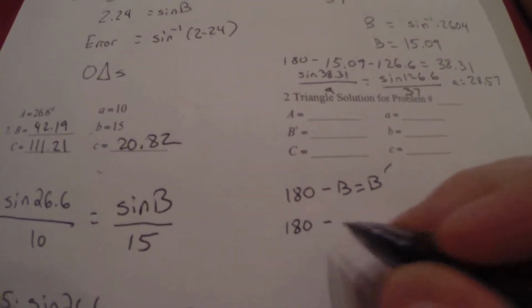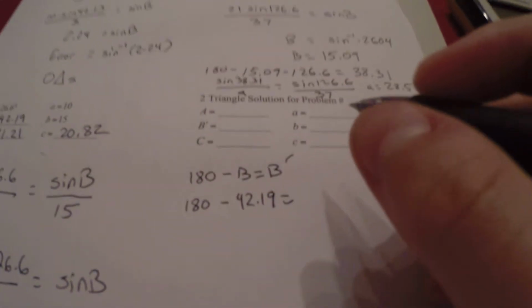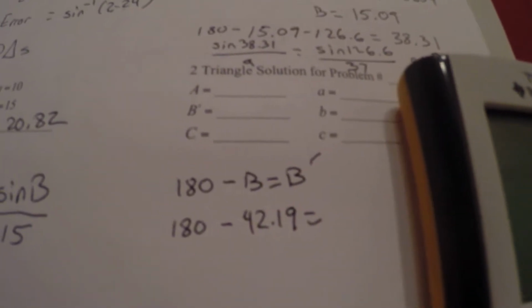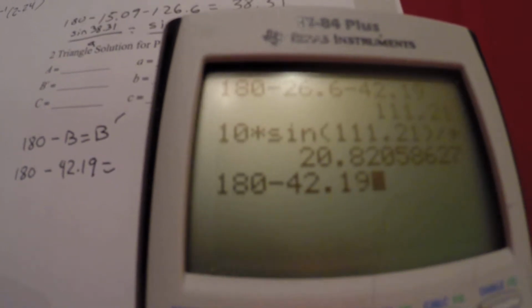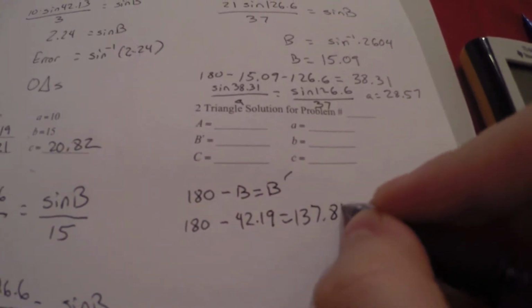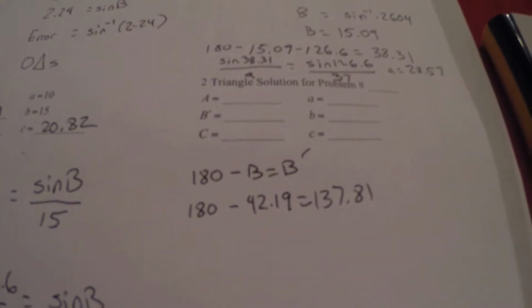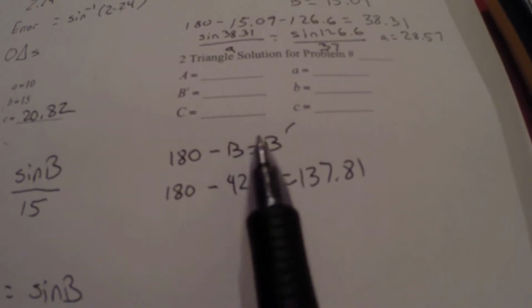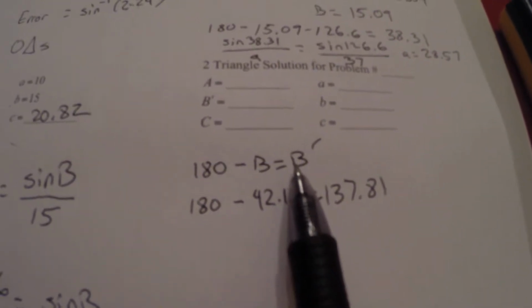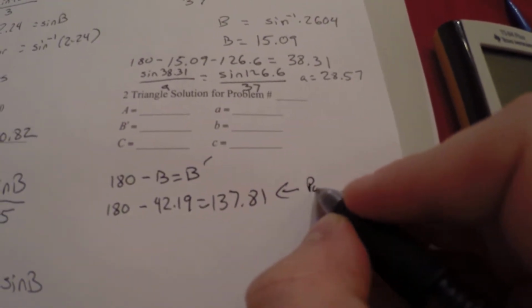In this case, 180 minus 42.19 is 137.81. Now, B is not always going to be B; it's the other angle. So you take 180 minus the other angle to get the other angle prime, and you have to see if this actually exists. Right now this doesn't exist; this is what I call potentially exists.